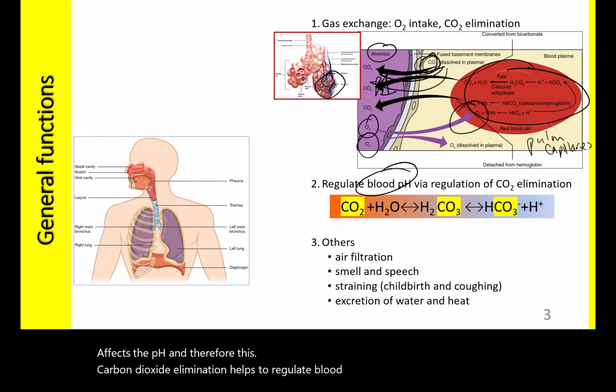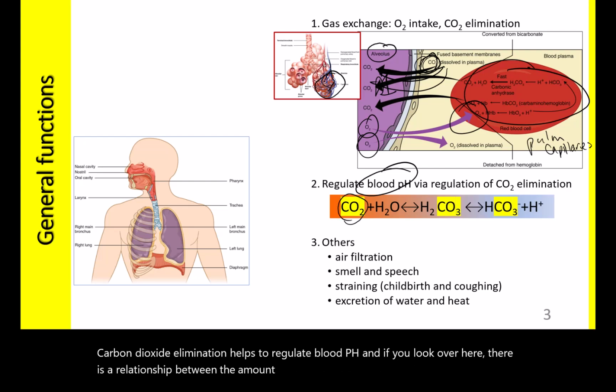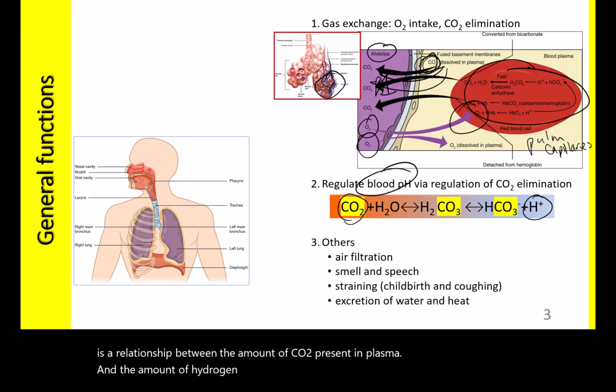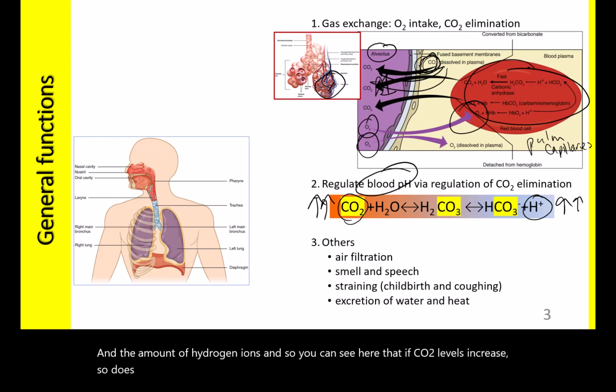There is a relationship between the amount of CO2 in plasma and the amount of hydrogen ions. If CO2 levels increase, so do hydrogen ions, and when hydrogen ion levels increase, the pH decreases.